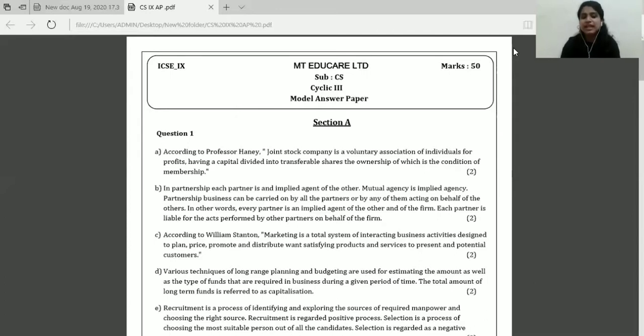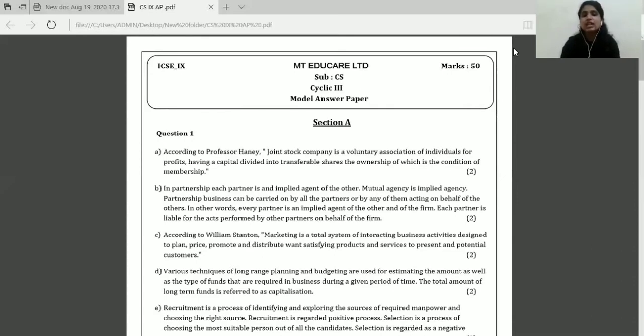So we've taken the definition of joint stock company given to us by Professor Hani. You may choose to learn and write down any definition that you're comfortable with. There is no compulsion to learn any one particular definition. So you have that liberty of learning any definition of your choice.